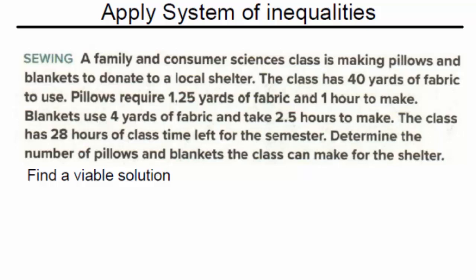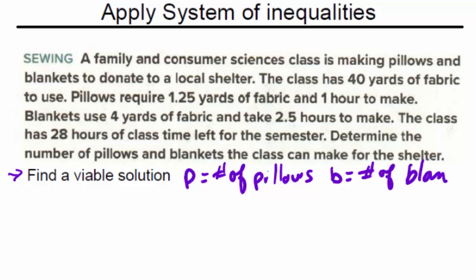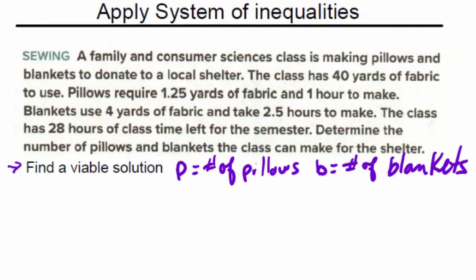The class has 28 hours of class time left for the semester, and they want us to determine the number of pillows and blankets the class can make for the shelter. Then, of course, they want us to find a viable solution. So since they're asking for how many pillows and blankets, I'm going to define P as equaling the number of pillows that they can make, and B equals the number of blankets they can make.